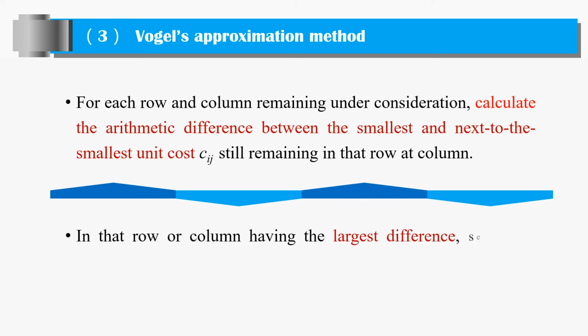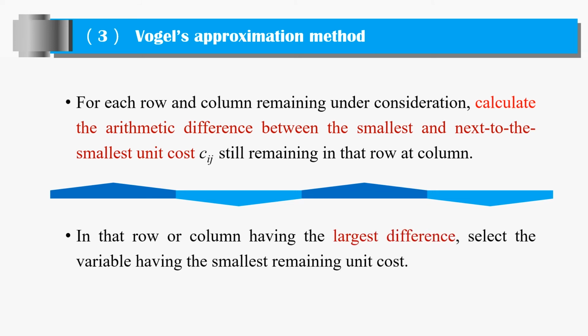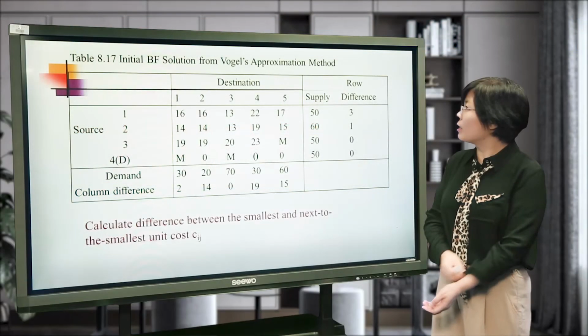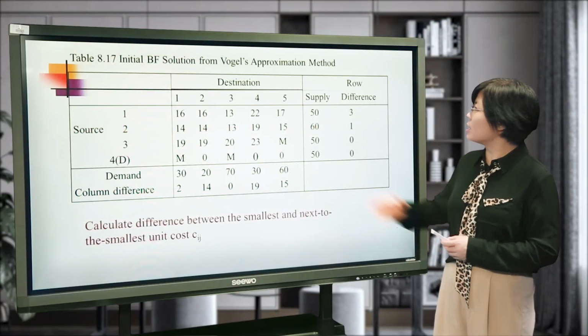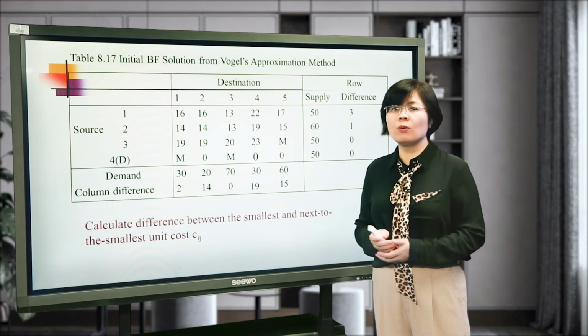In the law or claim having the largest difference, select the variable having the smallest remaining unit cost.